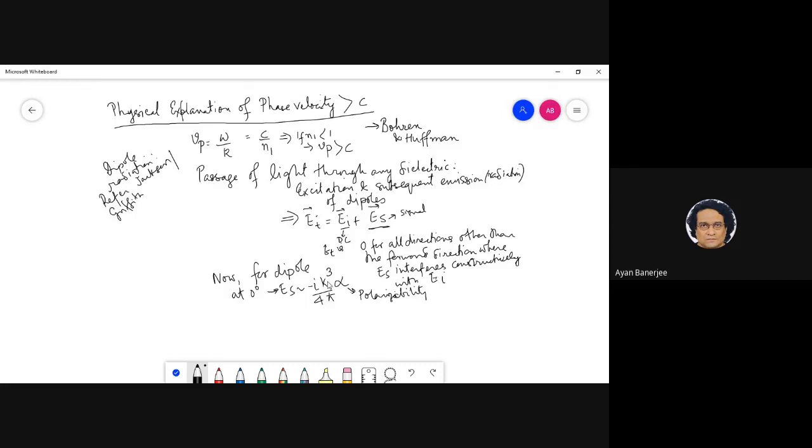For me, I cannot physically argue why this should be there. But if you look at it dimensionally, you'll see that this will be fine. Of course, this is not directly derived in Bohren and Huffman also. I think you have to look at classical scattering theory to argue this.